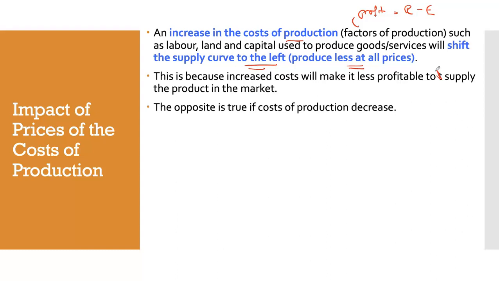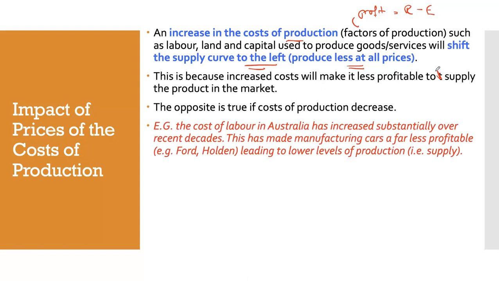The opposite is true, of course, if costs of production decrease. Cost of production decreases, I will make more profit on each good, so I'm more prepared to produce more, supply more at each price. So an example of this is the cost of labour in Australia has increased substantially over decades. This made manufacturing of cars, for example, less profitable.